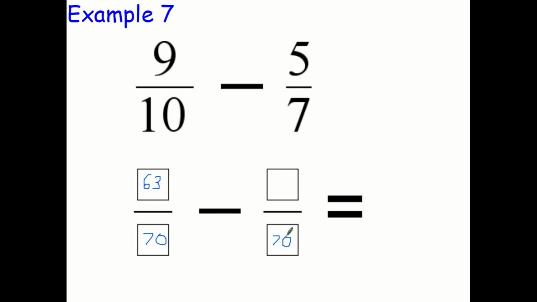How many 7s in 70? 10. 5 times 10 is 50. And that leaves me with 13/70ths. And that can't possibly be simplified because 13 is prime, and 13 and 70 don't have any other common factors apart from 1.